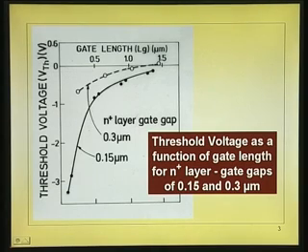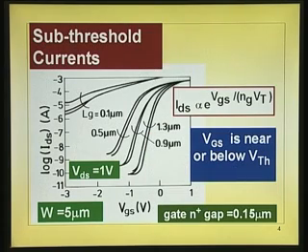Now, one more aspect which is very popularly discussed in the case of MOSFET, which is common for all the field effect transistors, is the subthreshold current or subthreshold conduction.